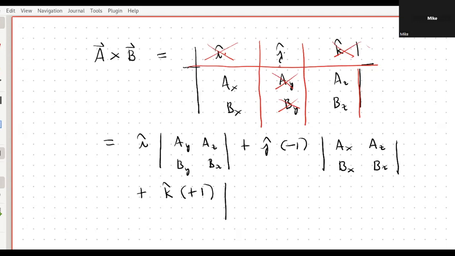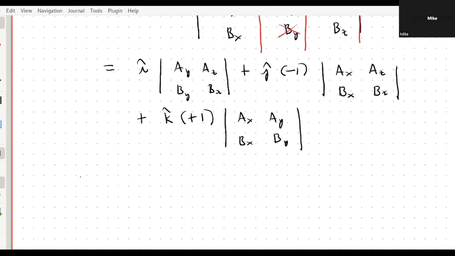And then, the minor is AX, AY, BX, BY. And then, yung determinant of a 2x2 matrix, A, B, C, D, is defined by AD minus BC.